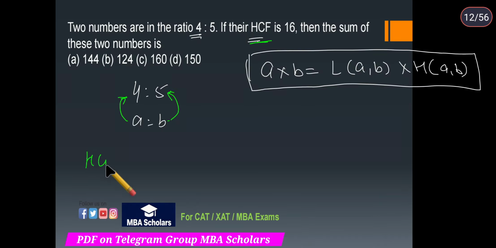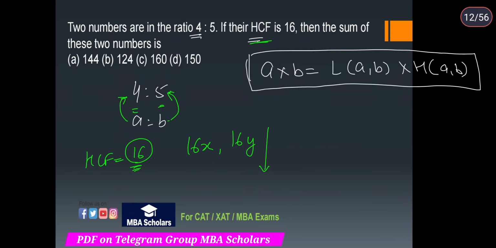तो HCF अगर आपके पास 16 है तो I can say the number should be multiple of 16. So number should be multiple of 16. And also they are to be in the ratio 4:5. So अगर आप HCF को 16 लेते हैं तो let the numbers be 16x और 16y.